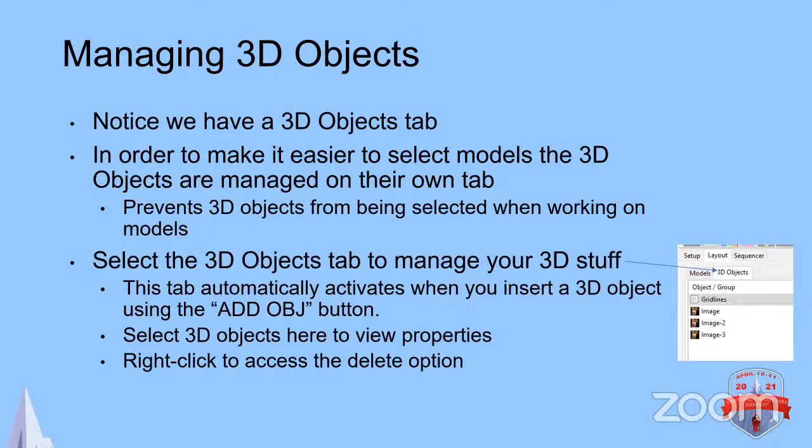So separating those into two tabs allowed me to make the selection logic only work on whatever tab you had selected. You can't select any 3D objects if you're not on the 3D objects tab. That's just a way to hide them, because usually once you draw your 3D objects, you just want to leave them there and be selecting your models.